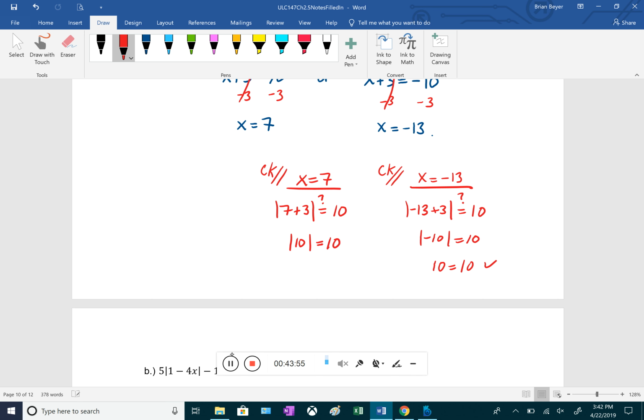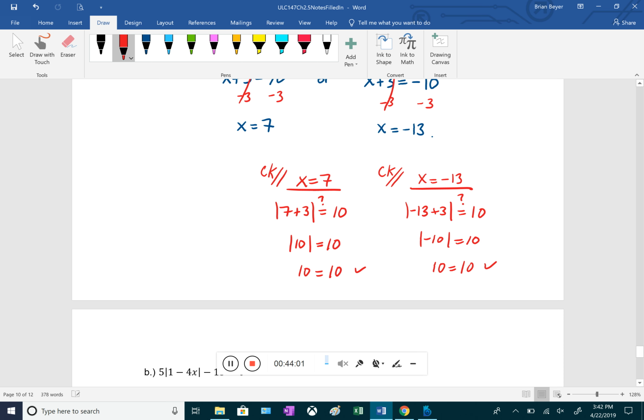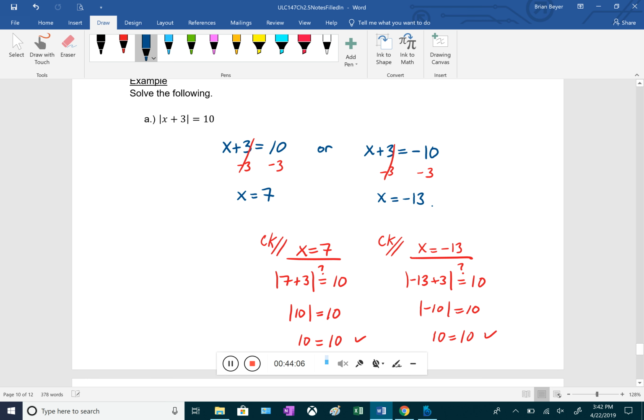We get 10 equals 10. Okay, so most of the time for these ones, we're going to get two answers. Technically, we don't have to, but a lot of the time we will. So as a solution set, we have x equals negative 13 and x equals 7.